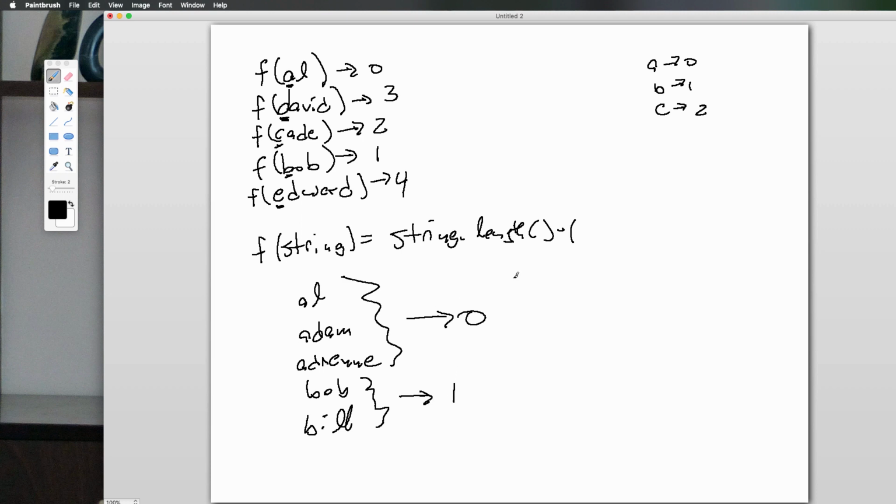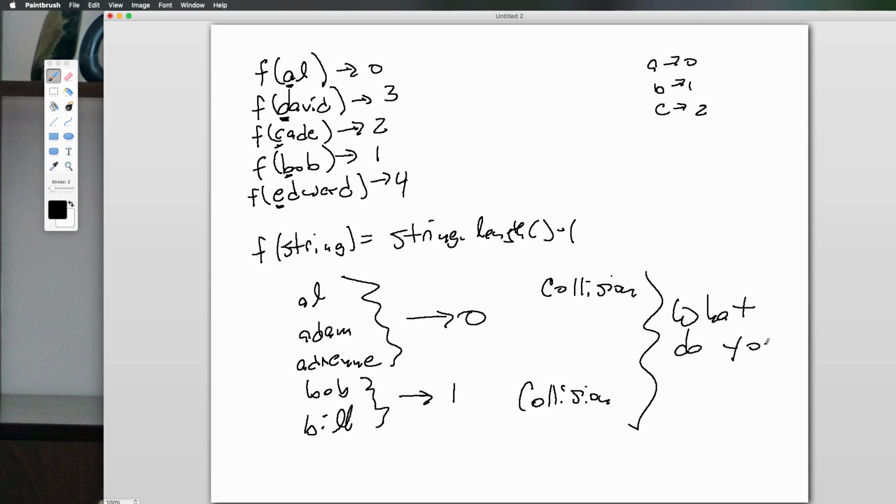So when this happens, we have what's called a collision. There's a collision of these three, and over here we also have a collision. And the question is what do you do? And the answer to that is a little bit complicated.